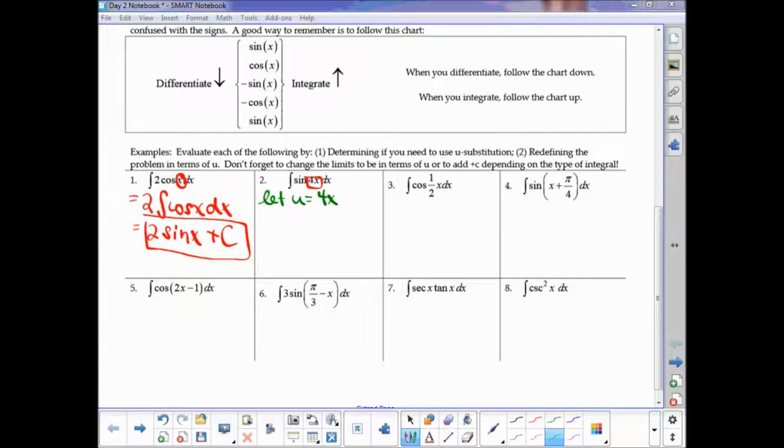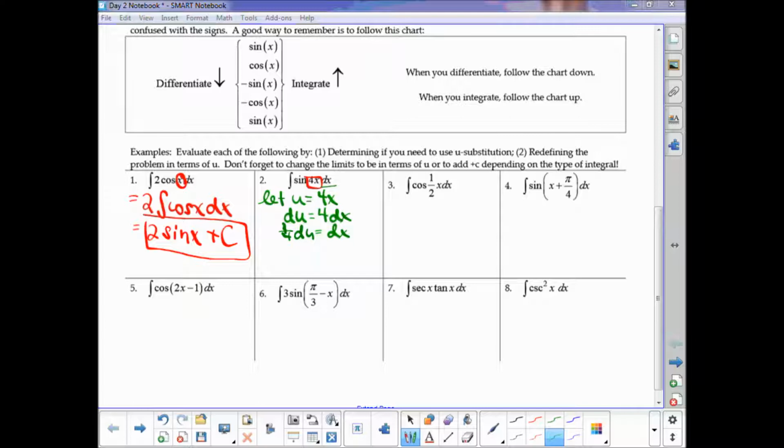I went back there and tried to respace out the notes a little bit better, but you will want to write a little bit smaller for this. So U equals 4x, what would du be? 4 dx. Good. And if I look, I have dx, but I don't have a 4, so let's go and solve for dx. What would dx then be? Good, du over 4 or 1/4 du. Either way is fine.